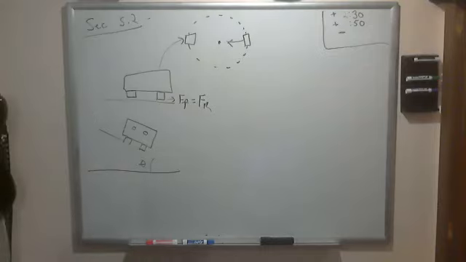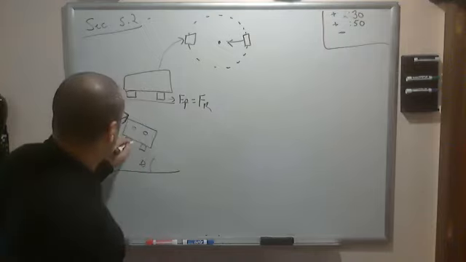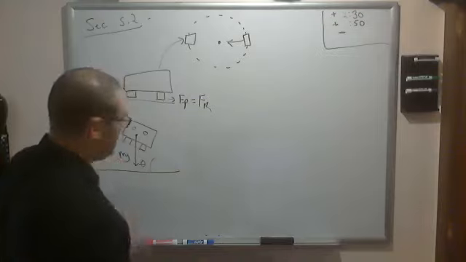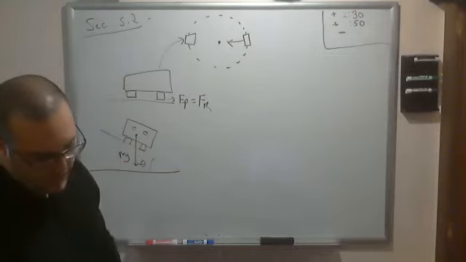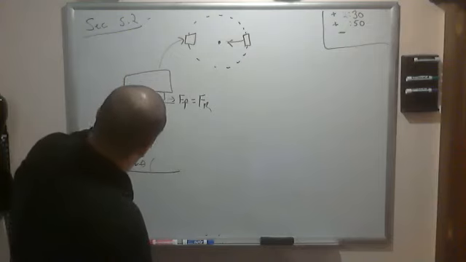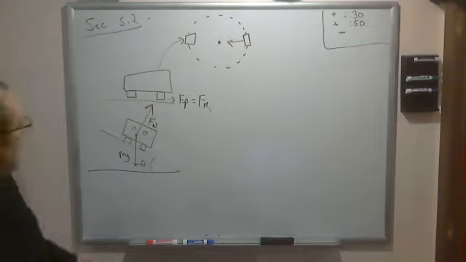So now let's consider the forces on this. Where's gravity? Well, gravity's downwards always. Whereas the normal force is always normal to whatever surface you're on.